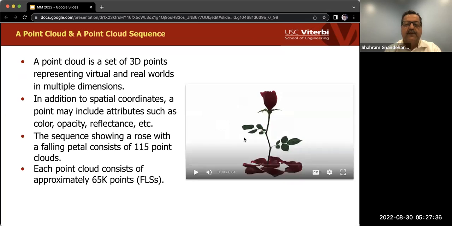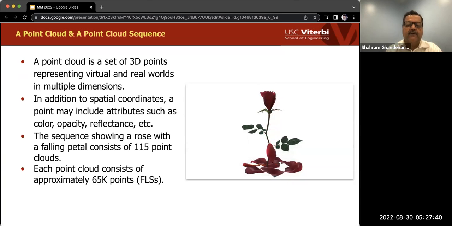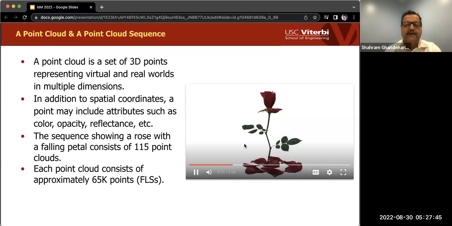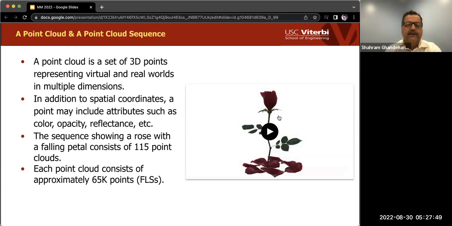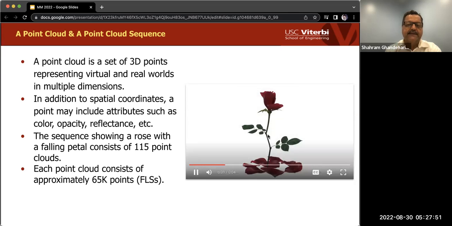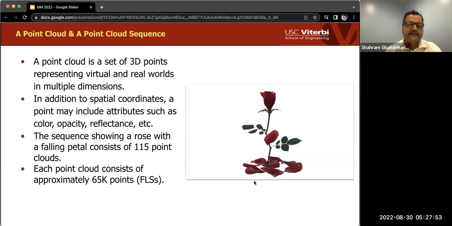It is rendered at 24 point clouds per second and has a display time of 4.8 seconds. Each point cloud consists of approximately 65,000 points. If a 3D display represented each point as an FLS, then it would require 65,000 FLSs to render this point cloud sequence.